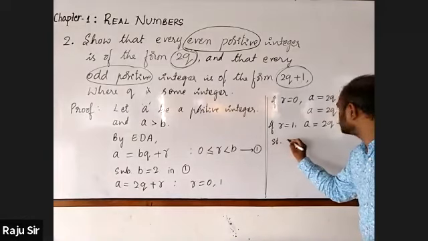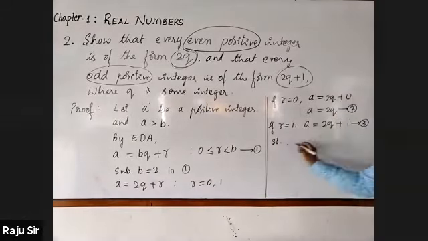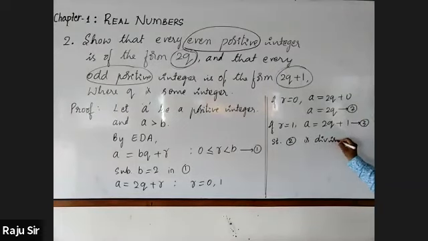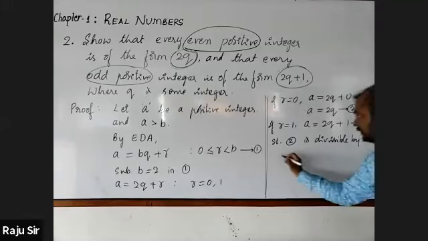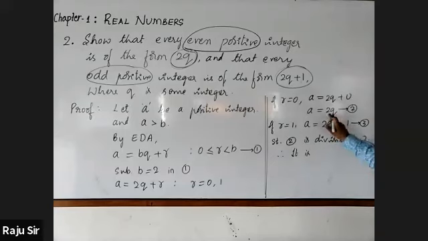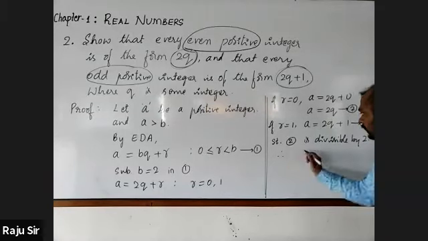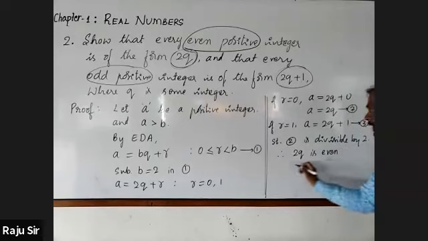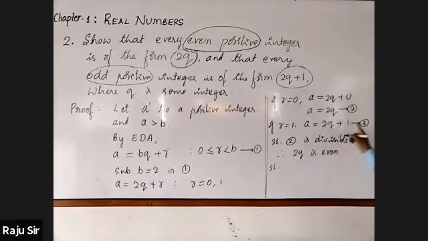Here you write statement 2. Statement 2 is divisible by 2. Therefore, it is even. 2Q is even. Next, statement 3.